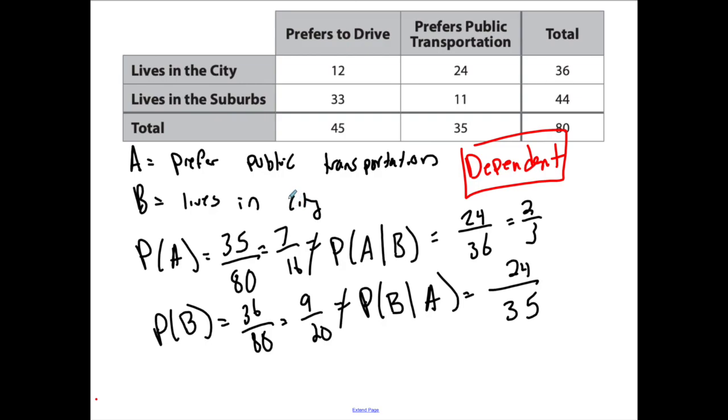Okay, because the fact that one has occurred does have an effect on the probability. We go from 7/16 to 2/3. We go from 9/20 to 24/35. So folks, please make sure you understood this one, because this was a really important idea. And then when you're ready, you can go ahead and we'll move on to the next page.